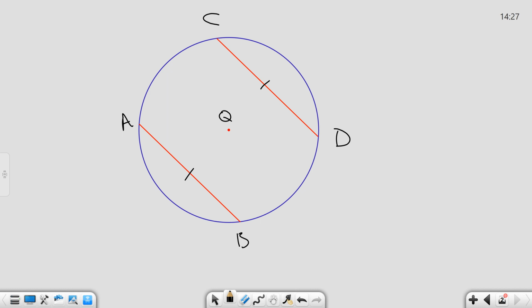Lucas. Like the inside, I guess, of the chord. Be more specific. To the left of AB would be equal to the right of CD. Come up and draw what you're talking about.